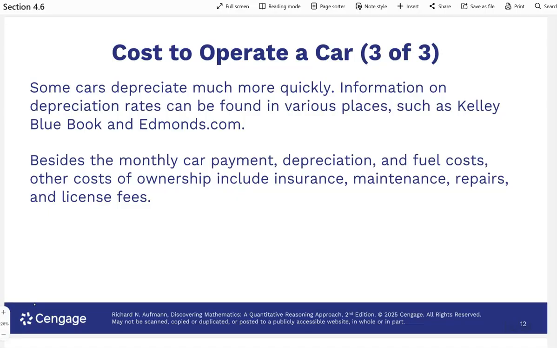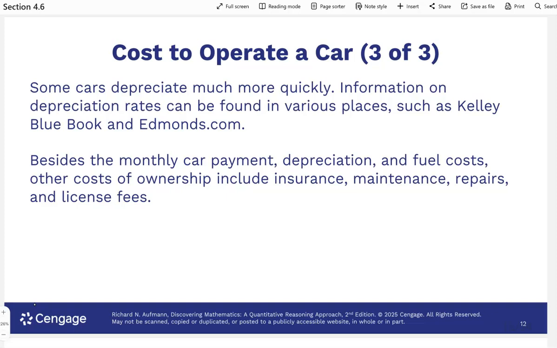We can find current values for cars by using something like Kelley Blue Book or Edmunds.com. So if you have a car, like right now, I have a 2018 Camry and it's got 120,000 miles on it. So I could look up the value for that car in Kelley Blue Book to figure out how much it would be worth now. And it would be worth much less than what it was when I bought it several years ago.